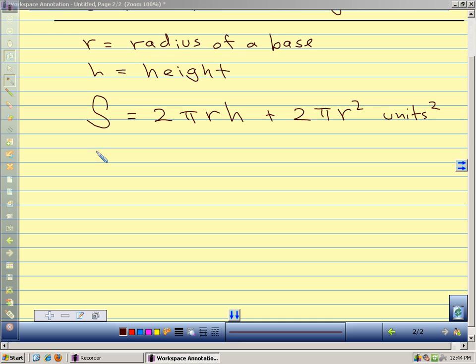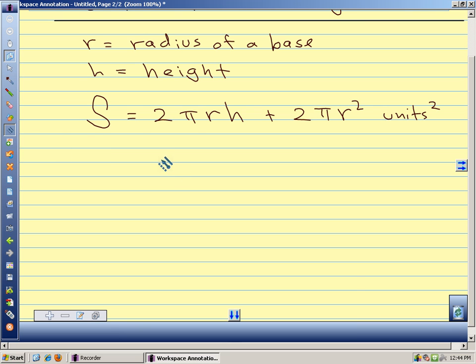Now if I cut it down the side and unroll the cylinder, this side of the rectangle is the circumference of my base. That's the circumference of the circle. This side of the rectangle is just the height of the cylinder. So if I draw a net of this cylinder, the sides, if I unroll it, I get a rectangle.